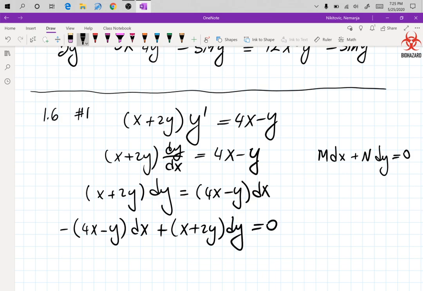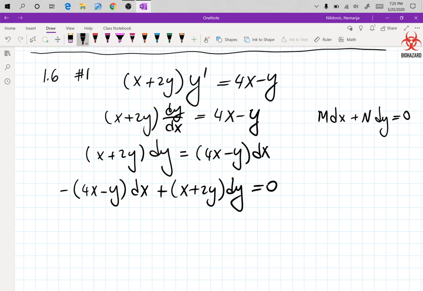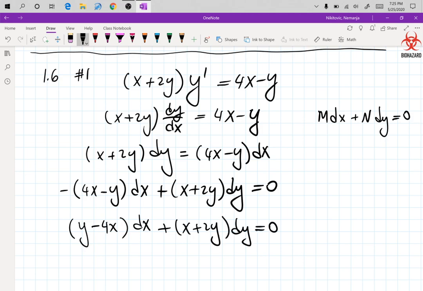Yeah, we're getting closer. I'm going to put this minus inside, and what it does is just swap the terms. That's the basic algebra there. And there you have your M dx plus N dy equal to 0.